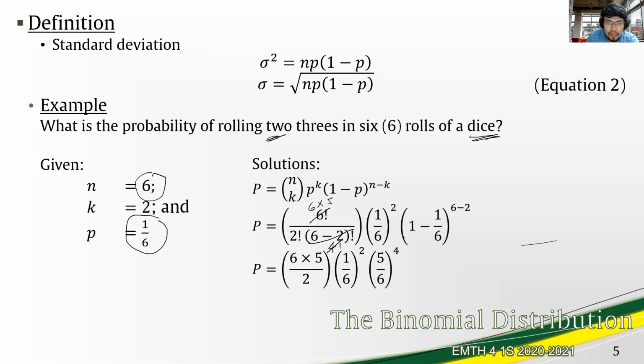It's simplified as 6 over 6, and you get 5 over 6, which you raise to the 4, and simplifying this one, you get the probability of, let's see, 0.2. That's the probability of rolling 2 threes in 6 rolls of a die.